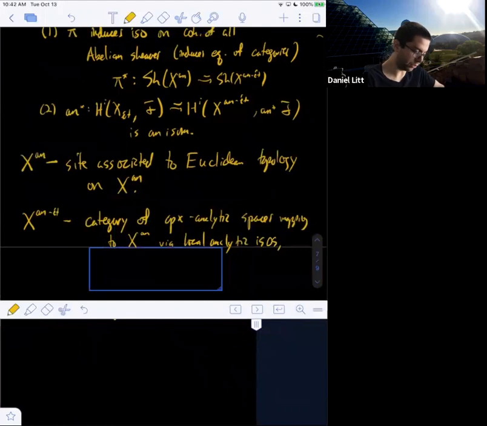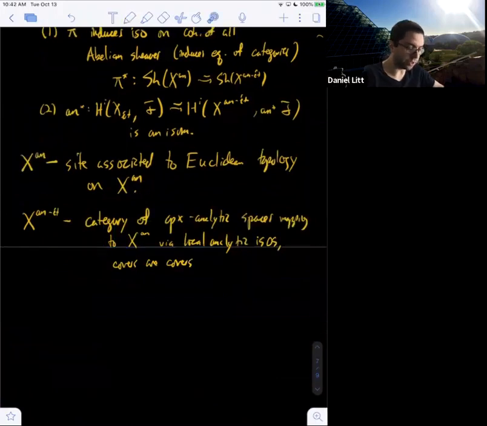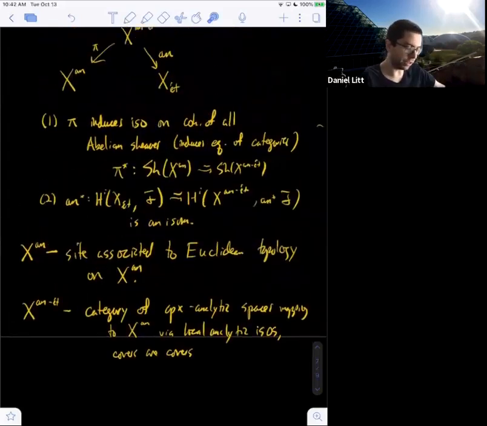And then covers are covers. Okay, so what is something that's in the analytic Etale site but not in Xn, like for example a covering space of X is a local analytic isomorphism, but it's not literally an open set in X. All right, are there any questions about the definitions of these sites?